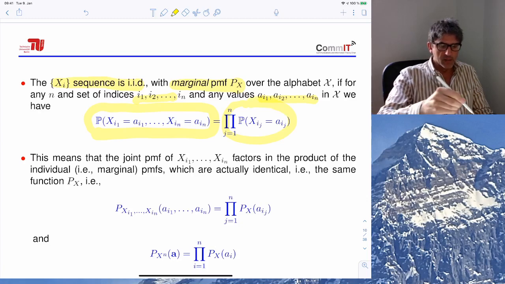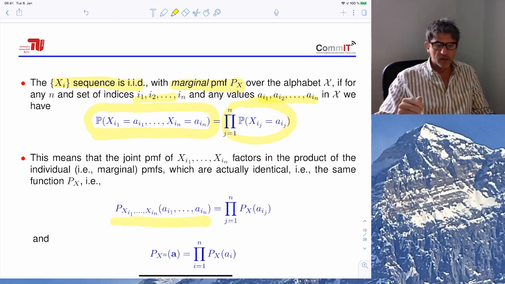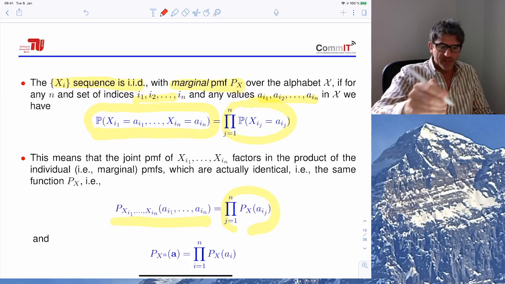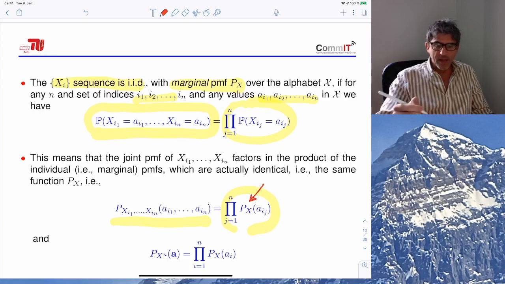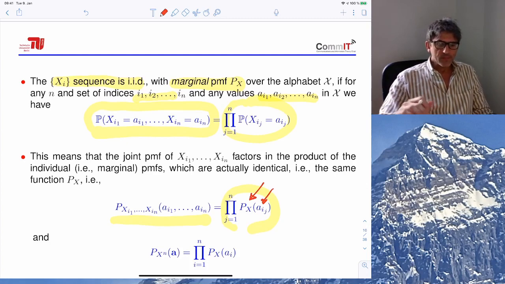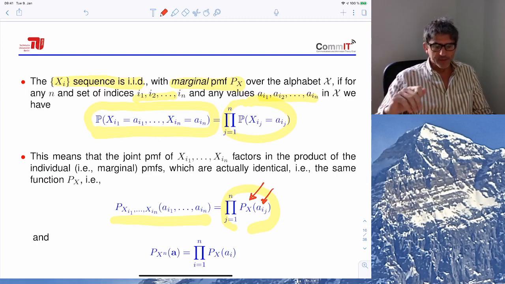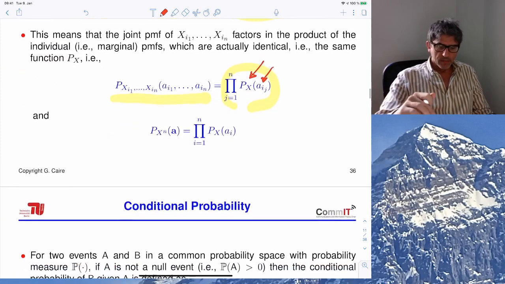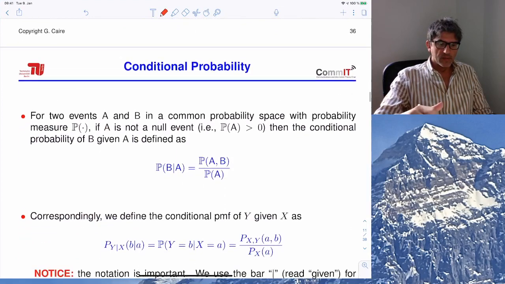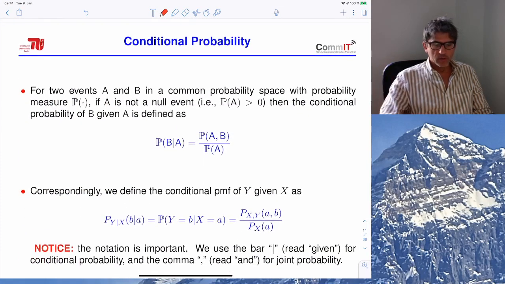In particular, this means that the joint probability mass function of these random variables factors into the product of the individual probability mass functions that happen to be always the same function, P sub X, evaluated, of course, at different arguments. So this is the concept of IID sequences that will play an important role later on for almost all this course.